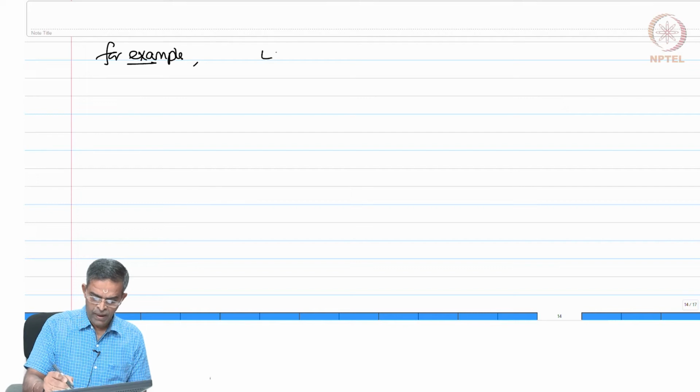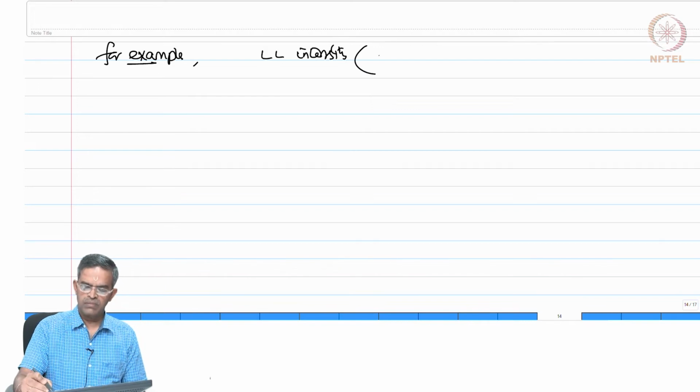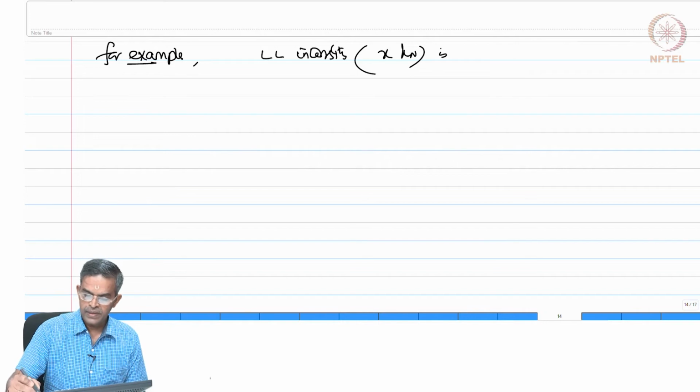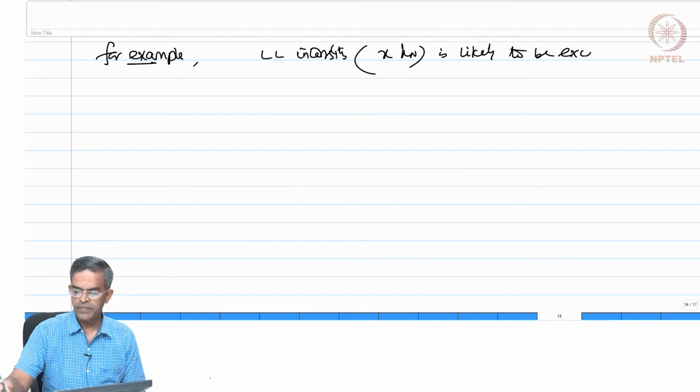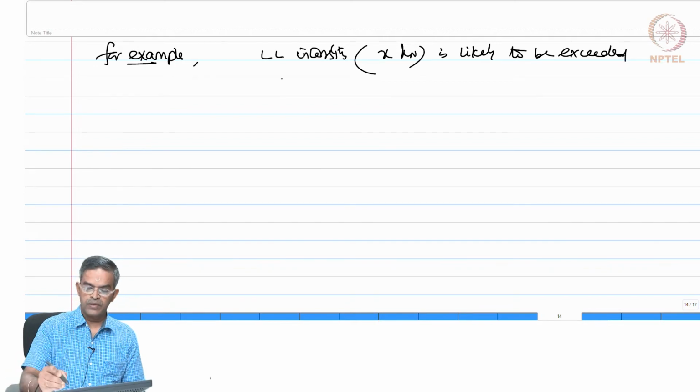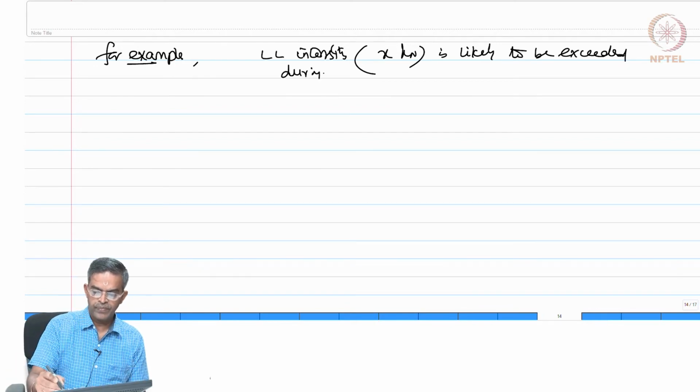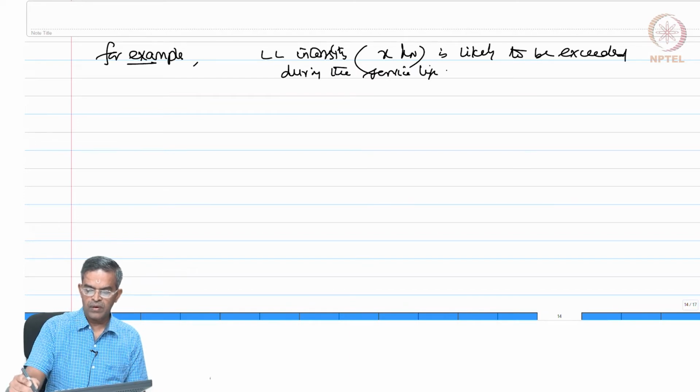Let us say live load intensity of a specific value, maybe x kilonewton, is likely to be exceeded during the service life of the structure.